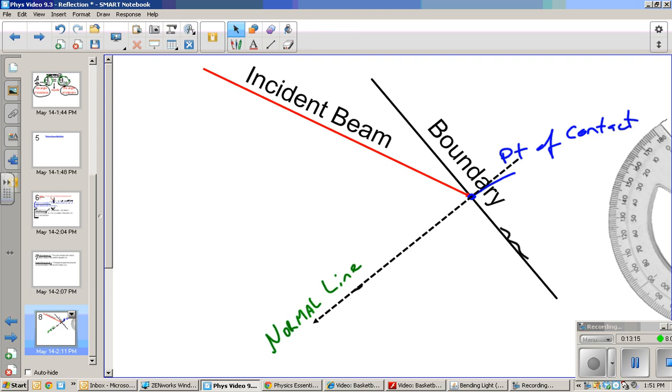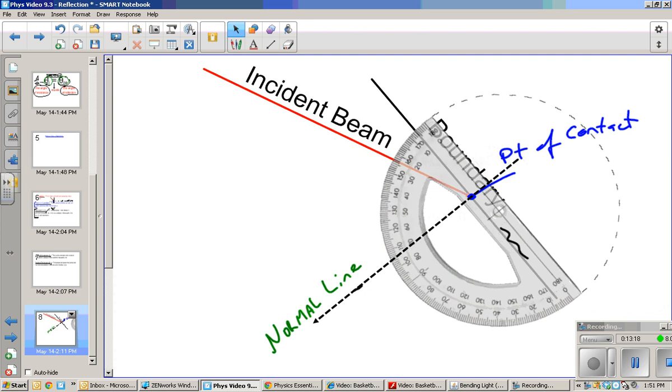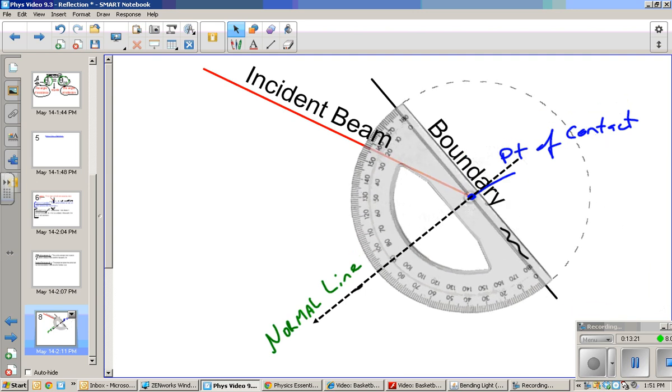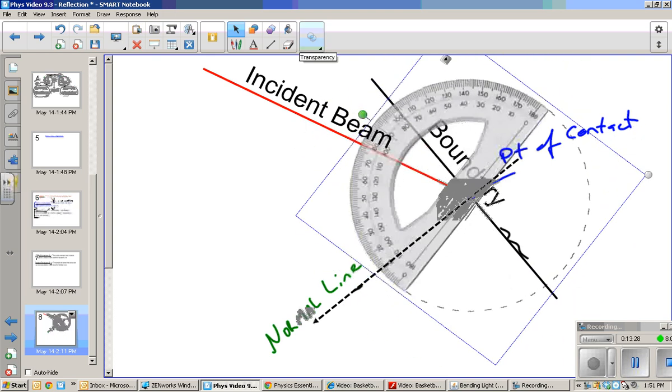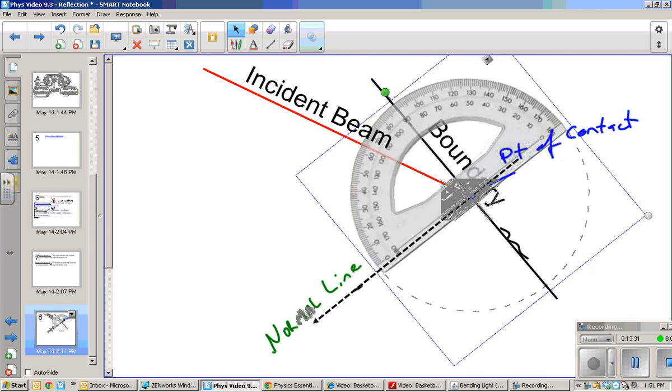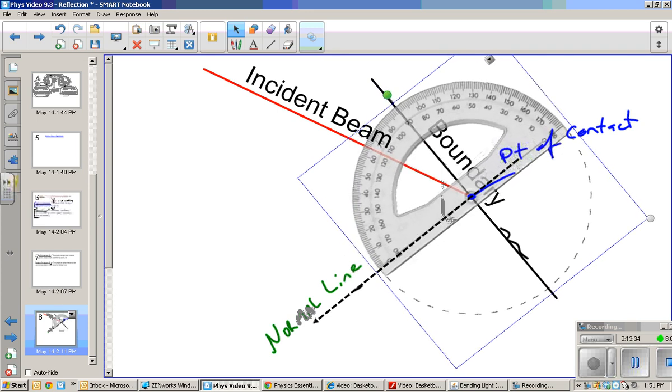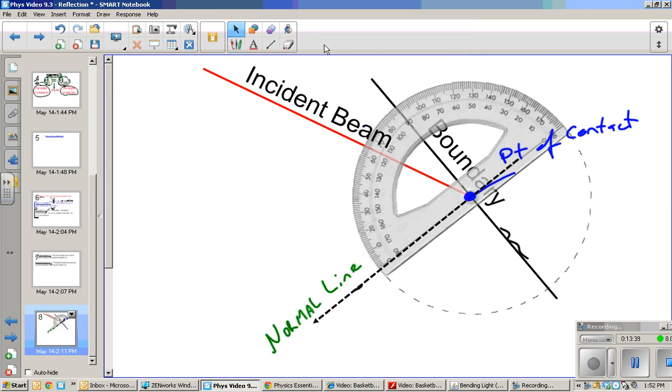Once you've done that, bring your protractor back. Now you want to measure the angle between the normal line and the incident beam. So once again I'm going to rotate my protractor, but this time line it up with the normal line. I've got my protractor lined up with the point of contact here, and I'm going to measure that angle there, because that is the angle between my normal line and my incident beam.